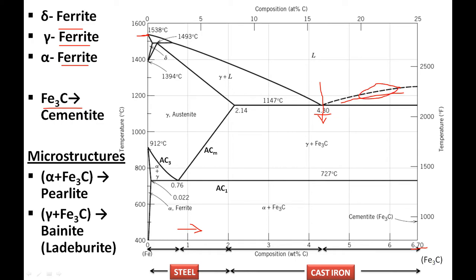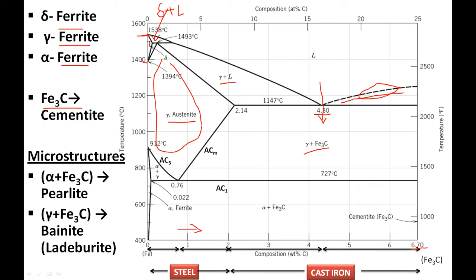Now what happens after 1400 degrees? It is delta. This region is delta-Ferrite. This region is delta plus liquid. After that, this region is gamma austenite. This region is gamma plus liquid. This region is gamma plus cementite.